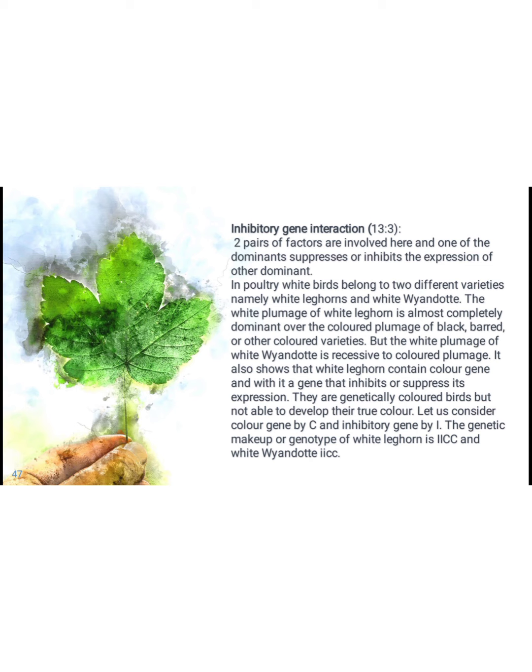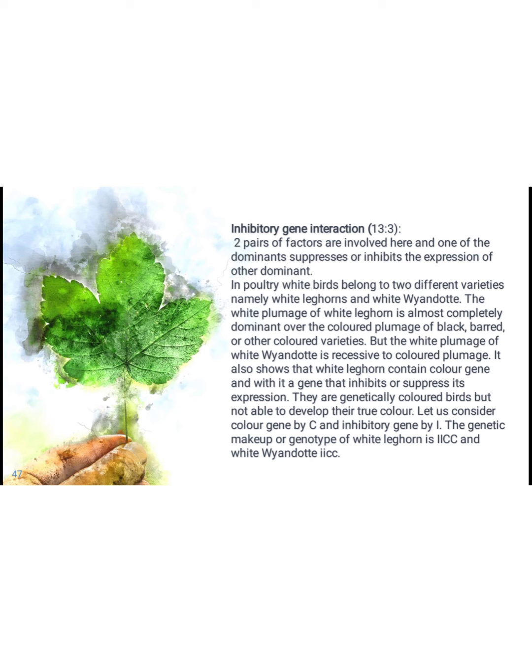Let's say two pairs of factors are involved here, and one dominant gene suppresses or inhibits the expression of another dominant gene. It means simply that two pairs of factors, that means two characters, are involved, and one dominant gene suppresses or inhibits the expression of the other dominant gene.